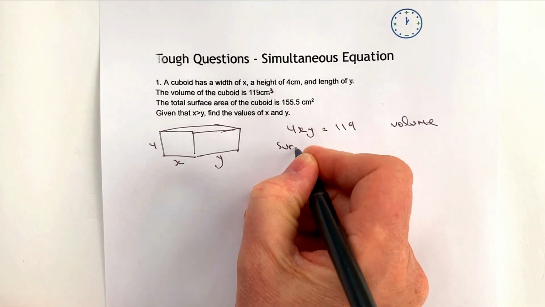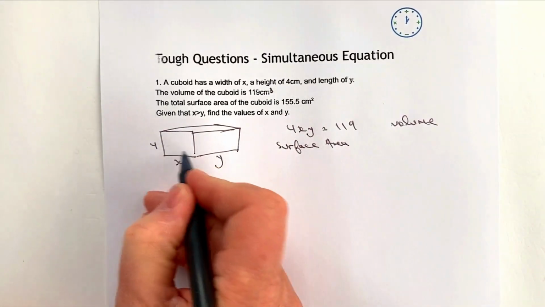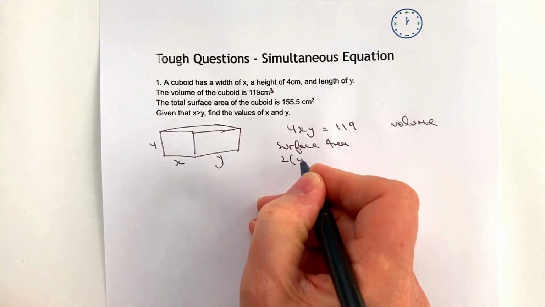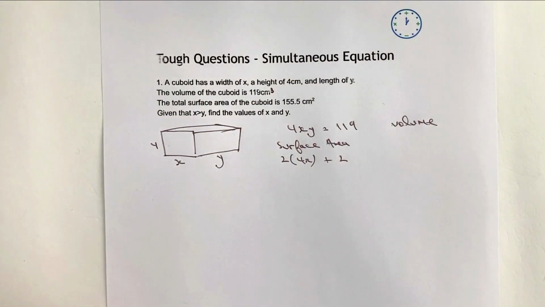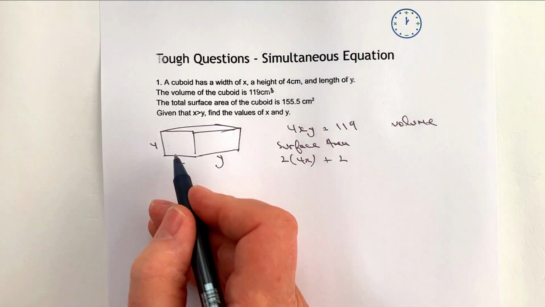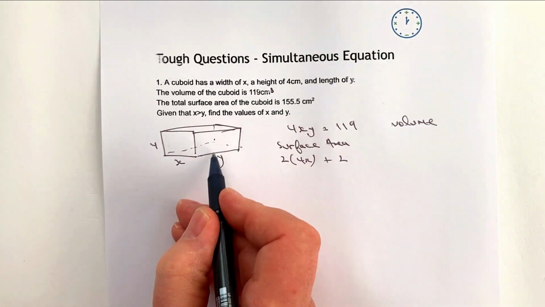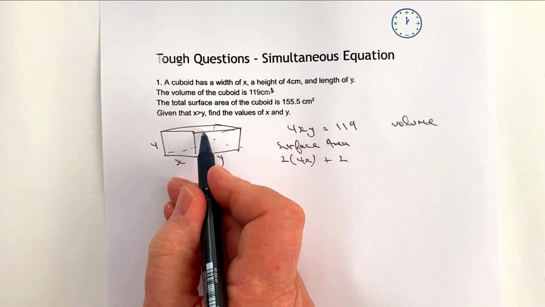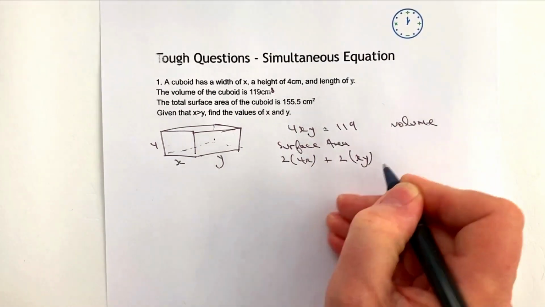So the surface area is going to be 2 lots of this end here, which is 2 times 4x, plus 2 lots of the bottom, because it's the x times y at the bottom here and the x times y at the top here, so that's going to be 2 lots of x times y.